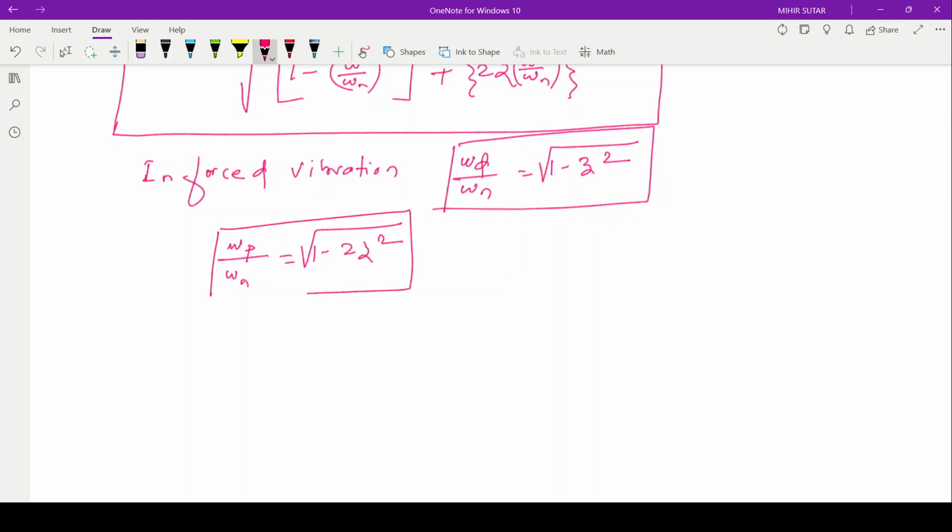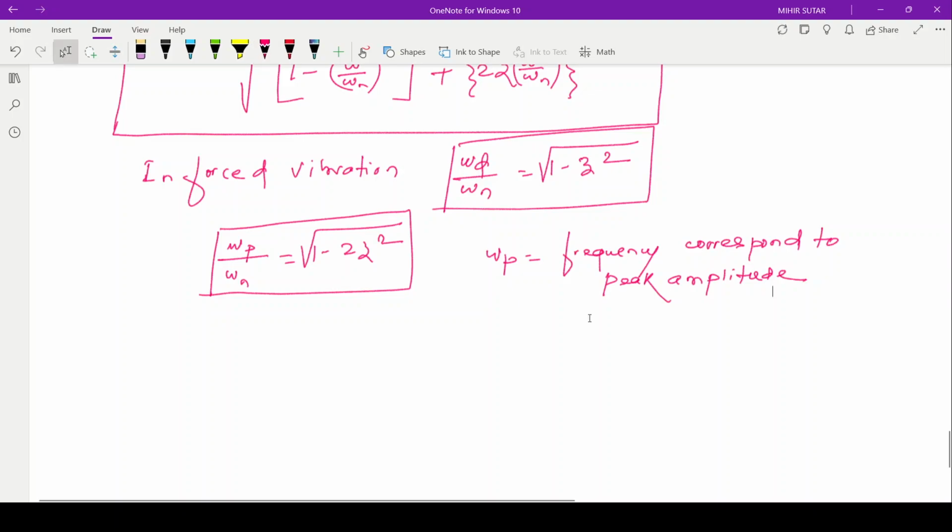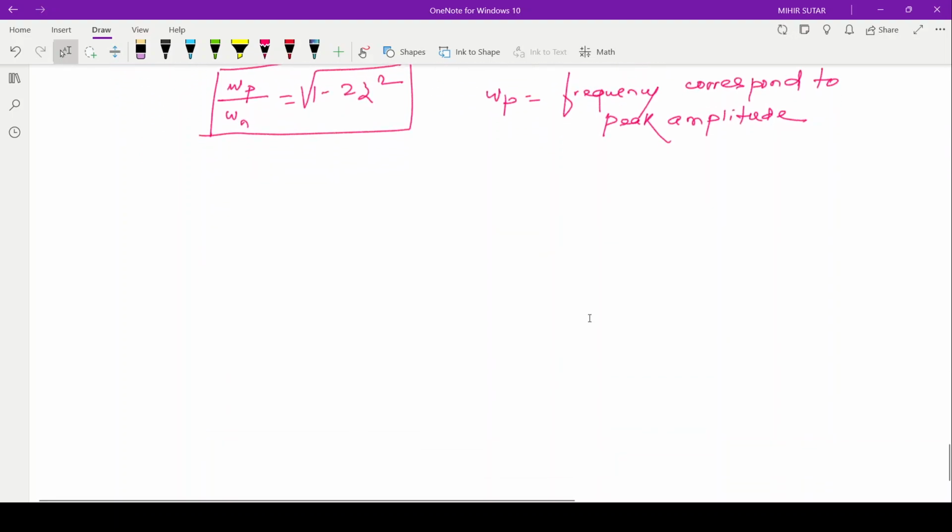Okay, where this omega p is the frequency corresponding to peak amplitude. Okay, so this is all about your forced vibration case.